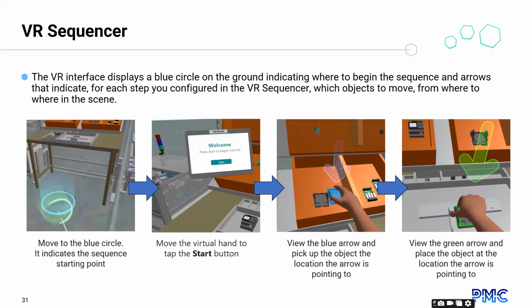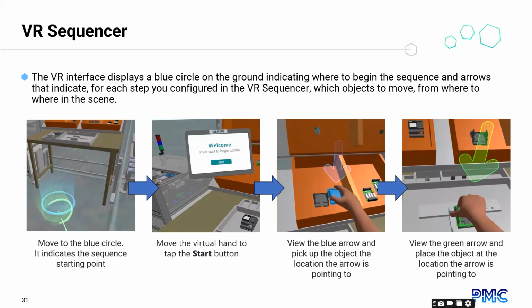You can program that. You can choose the place to start the training. We have some arrows indicating the steps to be followed and which objects are to be moved from where to where, as programmed in the virtual reality sequencer.